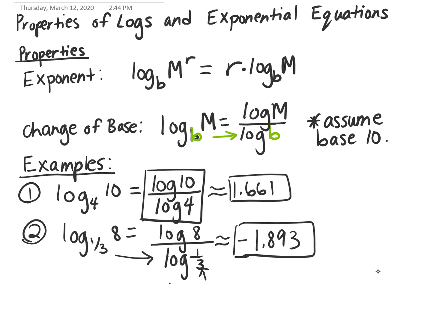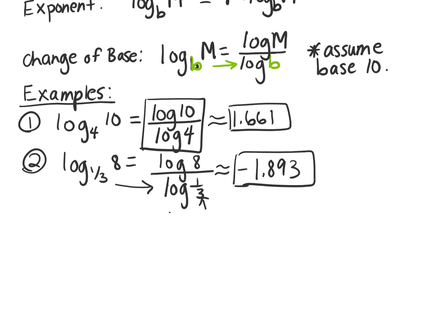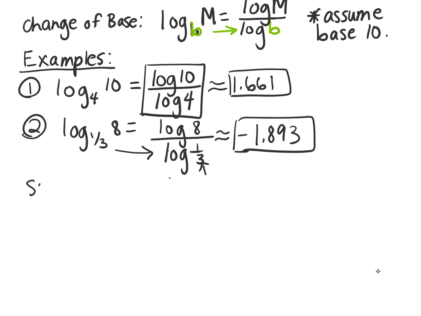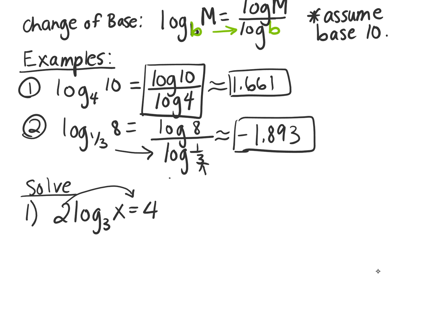And then I'm going to use the exponent property for solving an equation. But we're going to take it and go backwards. So if I had 2 log base 3 of x is equal to 4, the first thing I can do using that exponent property is bring the exponent back up top. So make this log base 3 of x squared is equal to 4.